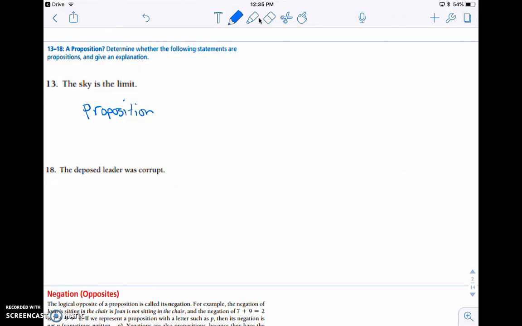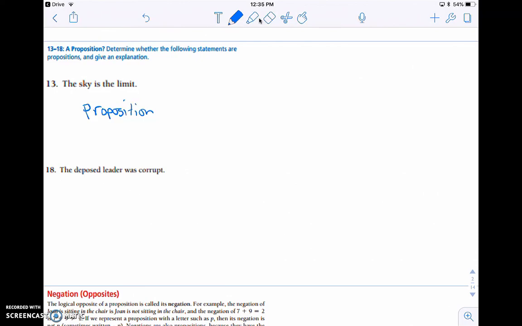It could either be true or it could be false, definitely depending on your situation. But in this case, the sky is not the limit. We know that things go beyond the sky. So this would be a false proposition, but it definitely takes on an assertion in a complete sentence form.